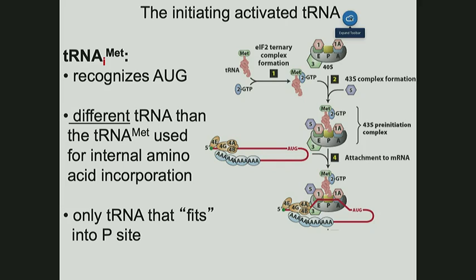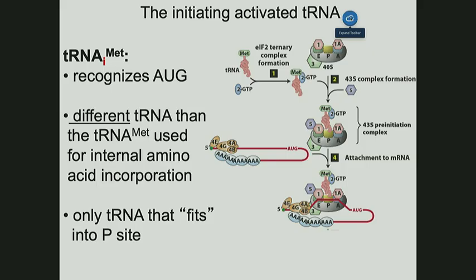So to initiate translation, we need a special tRNA called tRNAi, which stands for initiator tRNA. We'll see why we need this initiator tRNA. It encodes for methionine because we're going to look for that first AUG, which encodes for methionine. The reason that this is a different tRNA than the one that's used if we're putting methionine in the middle of an mRNA that's being translated is because it's the only tRNA that fits into what we call the P site of the ribosome.